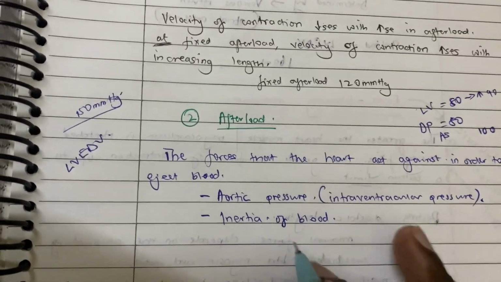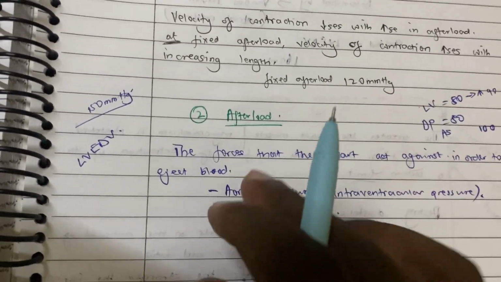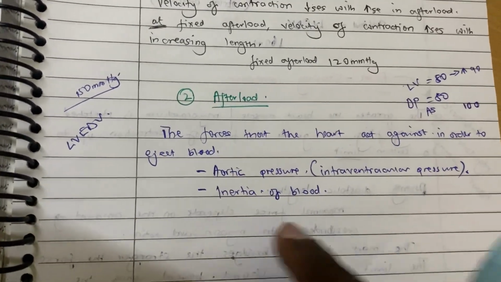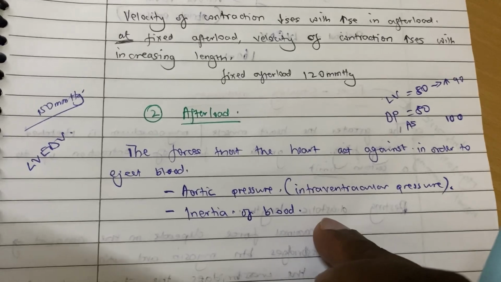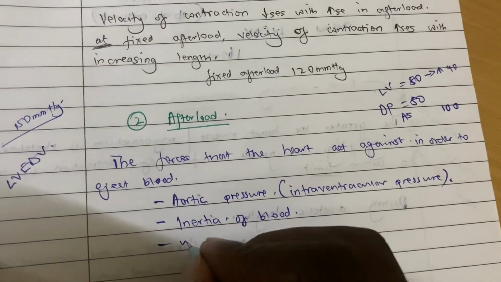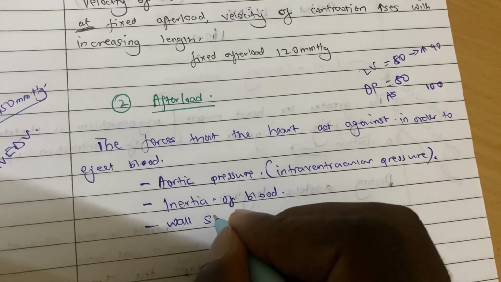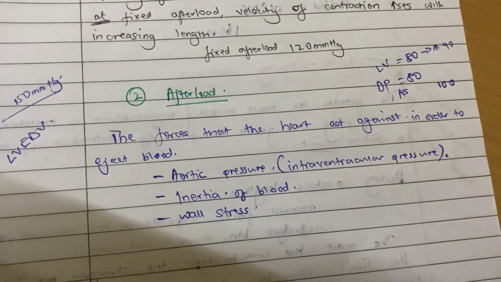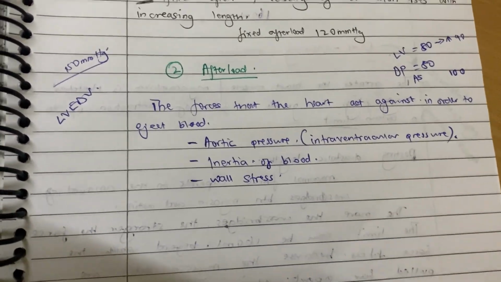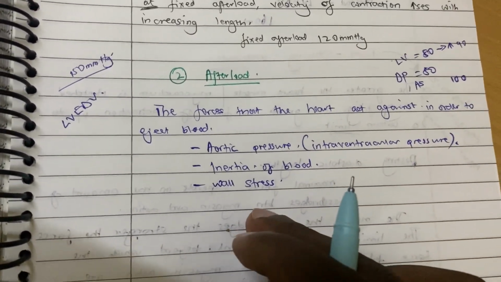Now, these are the determinants of afterload. One, aortic pressure or intraventricular pressure. Two, inertia of blood. Three is wall stress. This is a very good and interesting concept. What is wall stress?